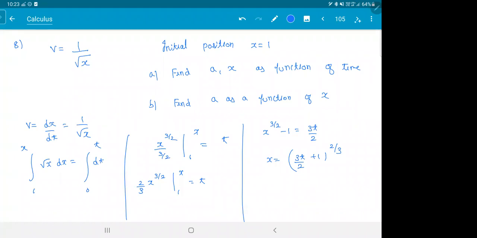Clear. Next one. So now we got x is 3t by 2 plus 1 whole power 2 by 3. Can you differentiate it 2 times? Get the velocity and get the acceleration.